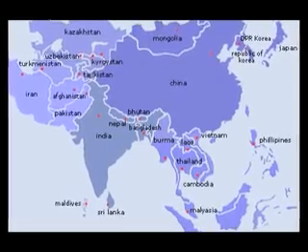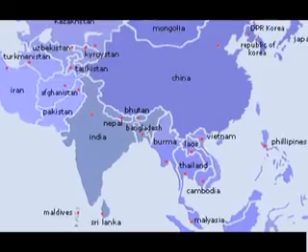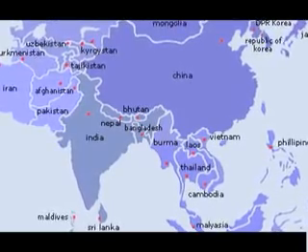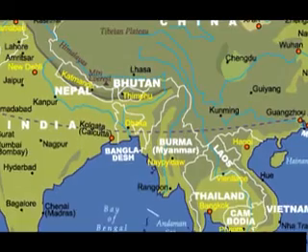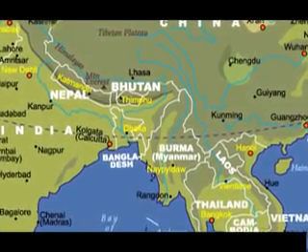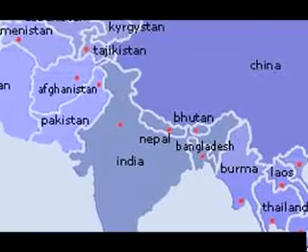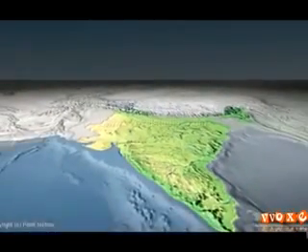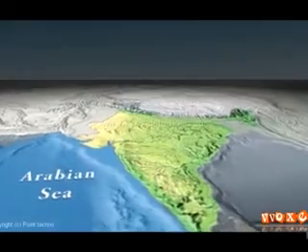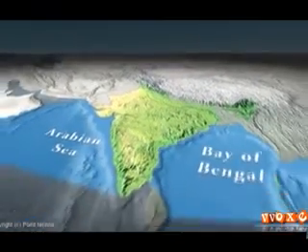To the north of India, we have China, Nepal and Bhutan; Myanmar and Bangladesh in the east; Pakistan in the northwest. The Arabian Sea in the west, the Bay of Bengal in the east and the Indian Ocean in the south are the water bodies bordering India.